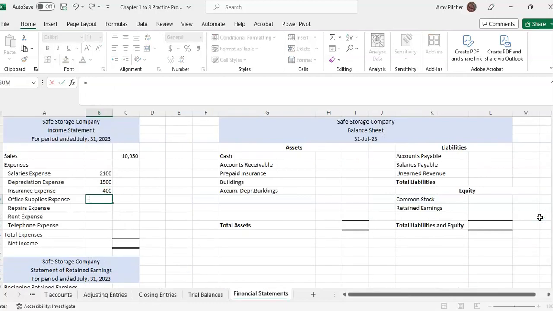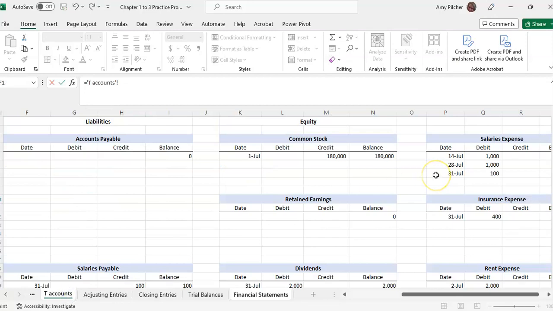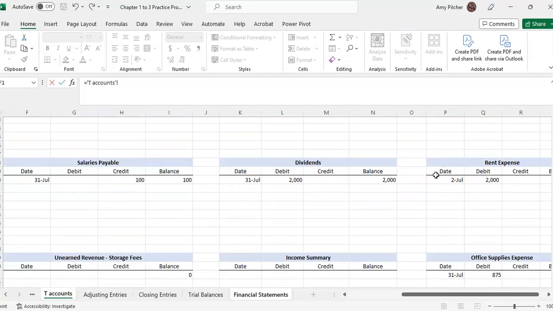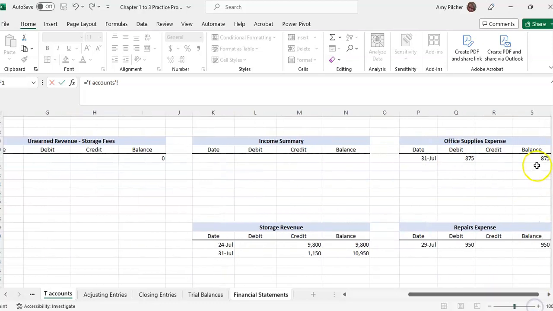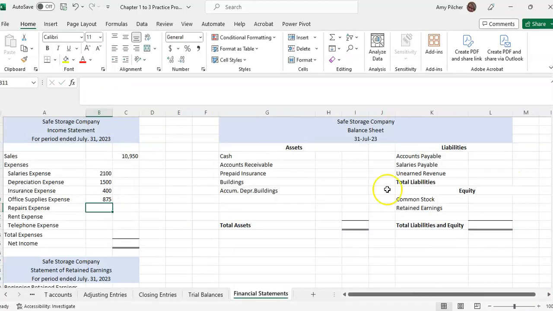Now, normally we would list these in descending order, so the highest expense first and the least amount of expense last. I just put them in a random order, so I did not follow that formatting where you would put them in a specific order.